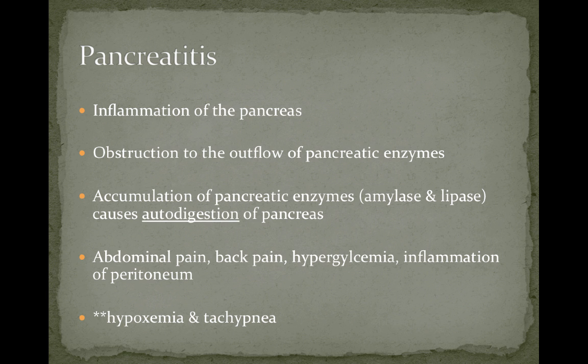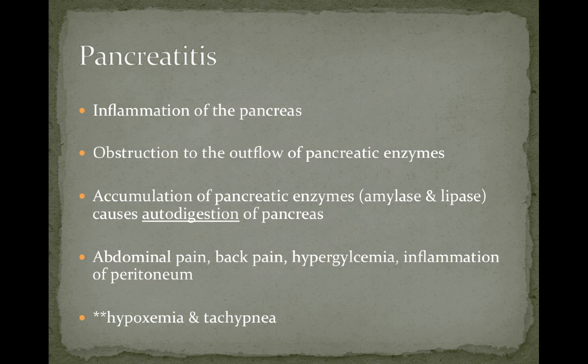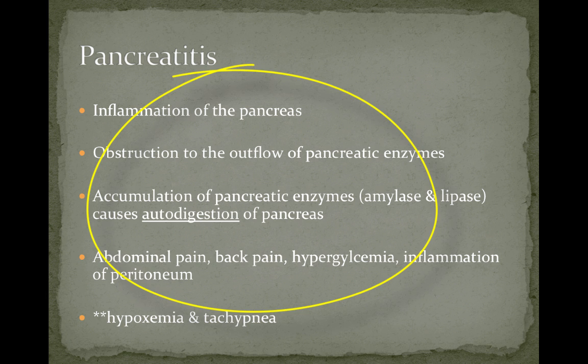So what happens is if the bile duct or the pancreatic duct becomes obstructed, such as with a stone, because sometimes a gallstone can travel down and obstruct the pancreatic duct, the exocrine pancreas will continue to make the pancreatic enzymes, amylase and lipase, that it's supposed to, but because they get trapped within the pancreas itself, the enzymes essentially will begin to auto-digest the pancreas. That will result in an inflammatory process.